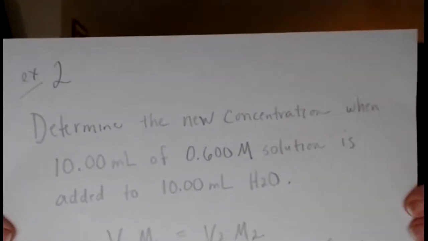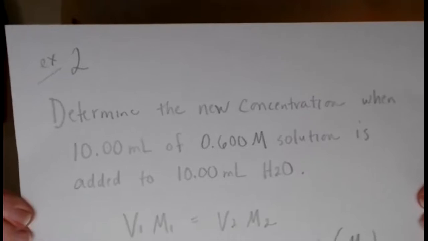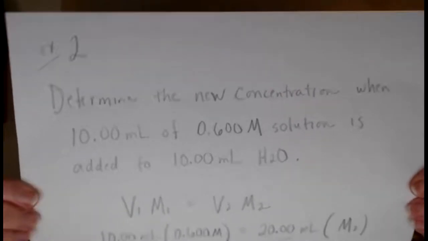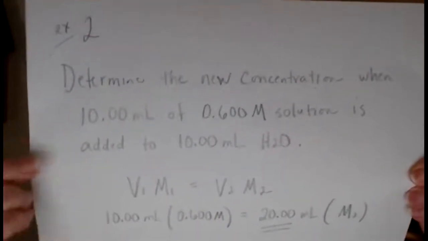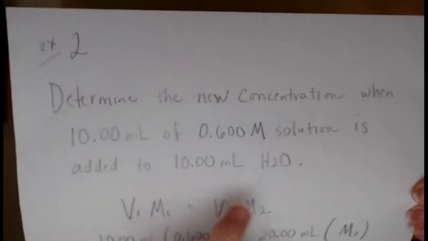The next 2 are very important with how we word it. One of them is going to say is added to a volume of water. The other one's going to say is added to enough water for the total volume. So this is version number 1. Determine the new concentration when 10 milliliters of a concentrated solution is added to 10 milliliters of water.